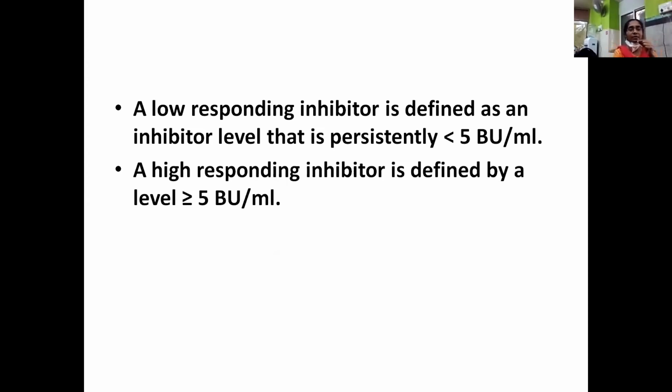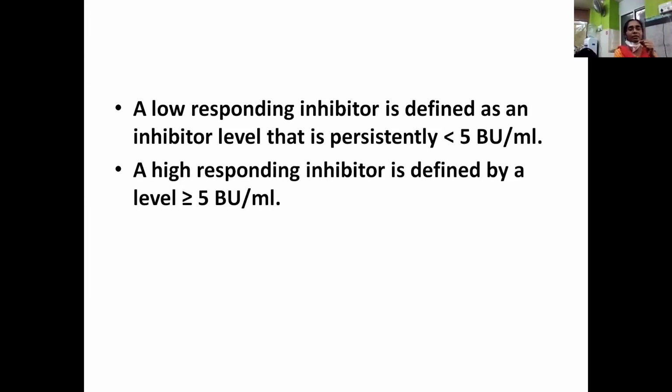Whenever we do an inhibitor screen, this is followed by what is called a Bethesda assay, for which we keep the patient's plasma and pooled normal plasma incubated, and we do the factor inhibitor level at the incubated mix and fresh mix at 0 hour, 30 minutes, 1 hour, and 2 hours.